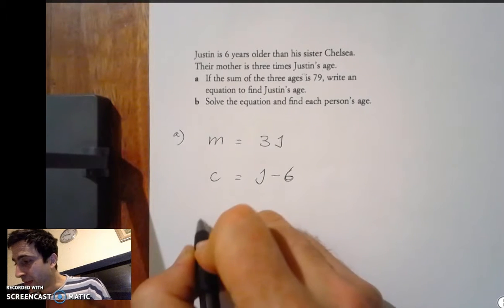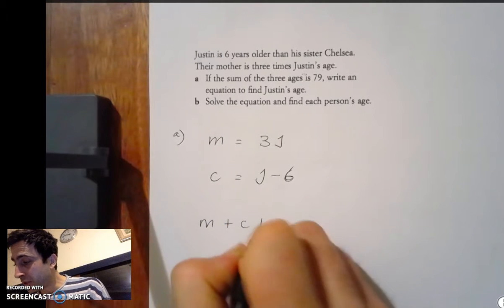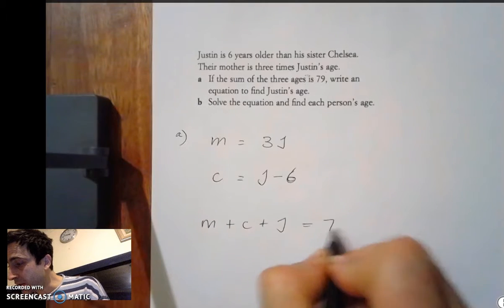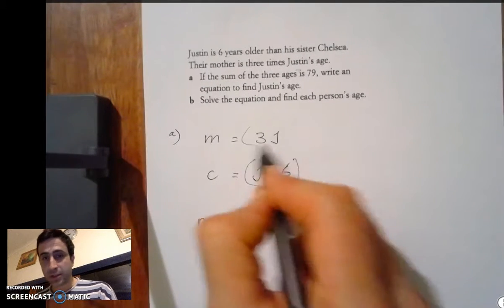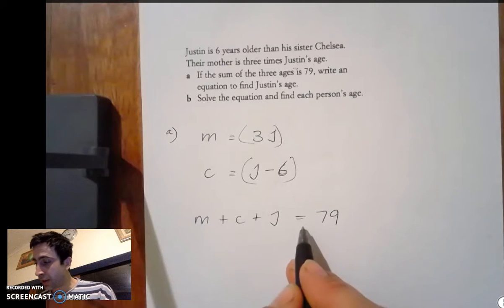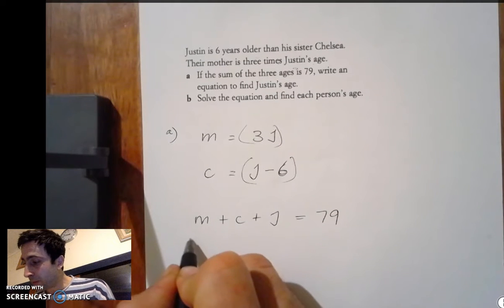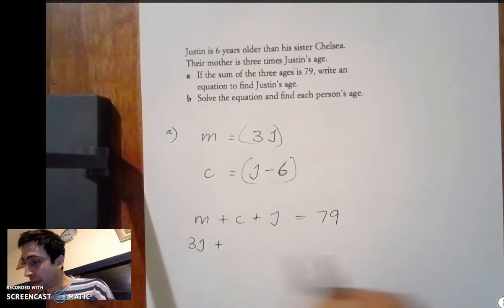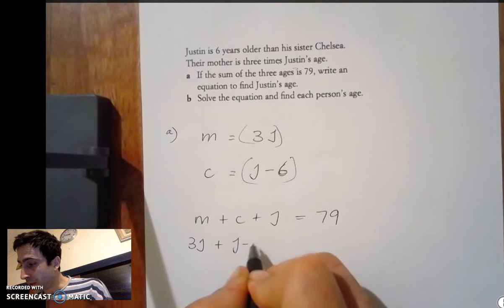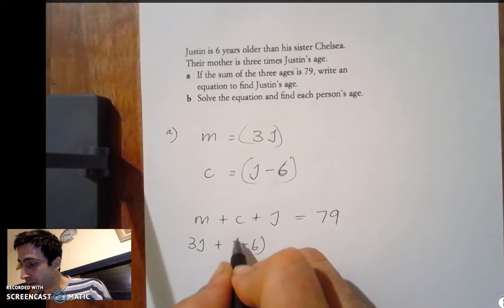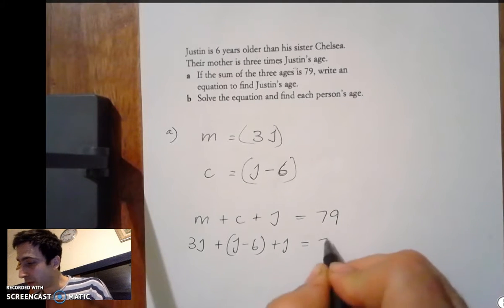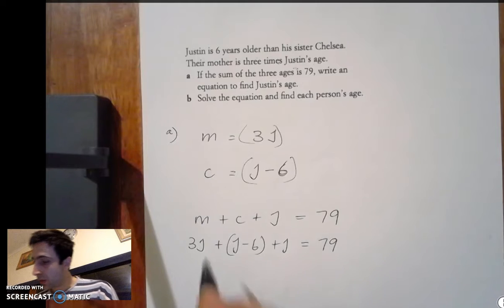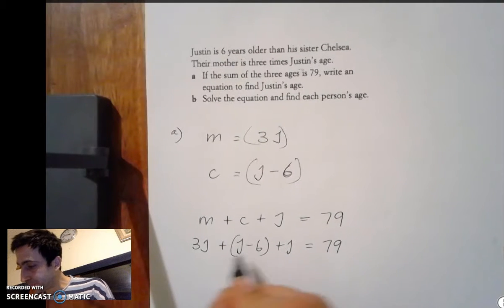And we know that Mum plus Chelsea plus Justin equals 79. So now let's substitute these little bits that we've done before into this equation. And we end up with 3 Justins plus Justin minus 6 plus Justin equals 79.